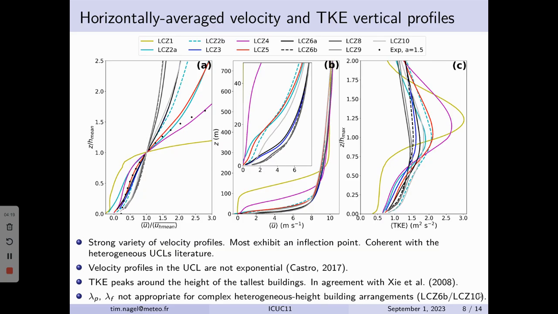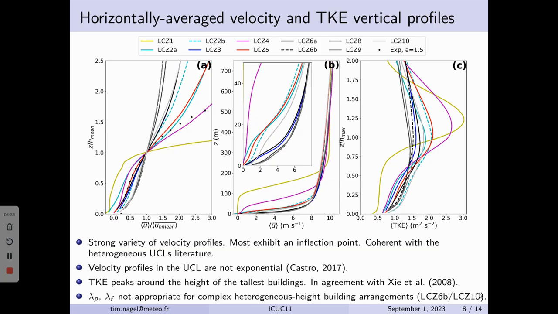There's no inflection point. The velocity profiles in the urban canopy layer are not exponential, which has already been stated by a previous study. For the turbulence kinetic energy, it peaks at the height of the highest buildings, or maybe a bit higher for some. This is also in agreement with some previous literature.